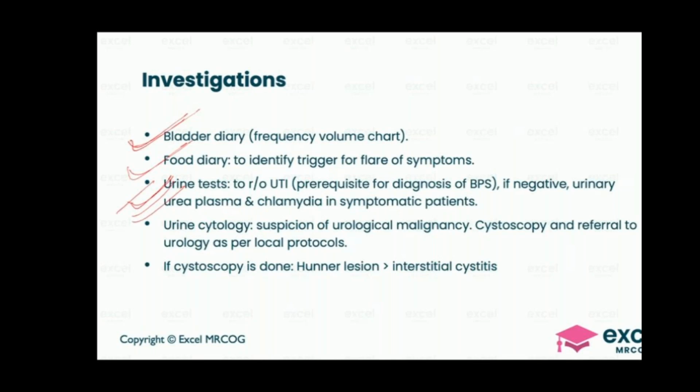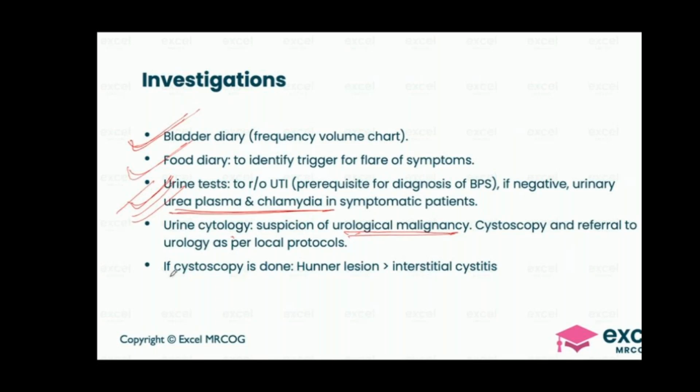Okay, and even if the urine dipstick is negative, it may be because of these organisms which may not show any urine positivity for leukocytes and all those things. Urine cytology, there may be malignancy, so you have to look at urine routine cytology to see if there are any malignant cells.